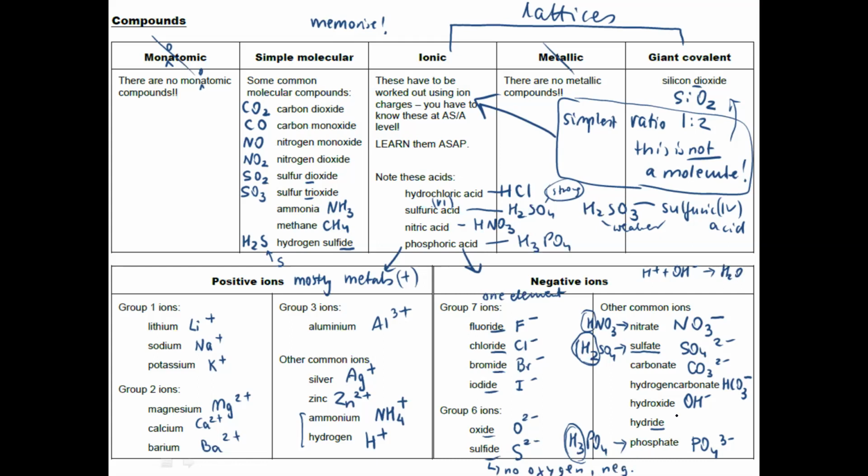So hydride comes from hydrogen, and it's going to be negative. This is the hydrogen ion H+, we had it here, but this one is the hydride ion H minus. It's not very common, so you're not going to see a lot.